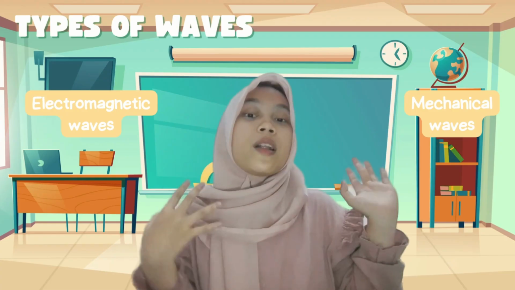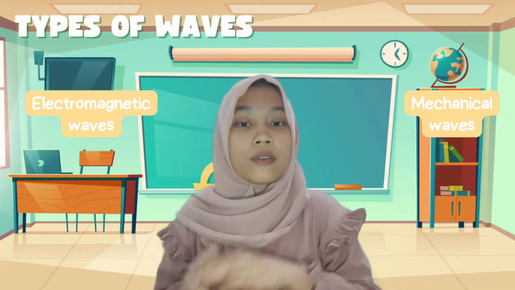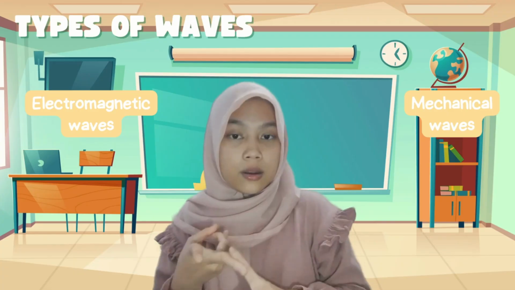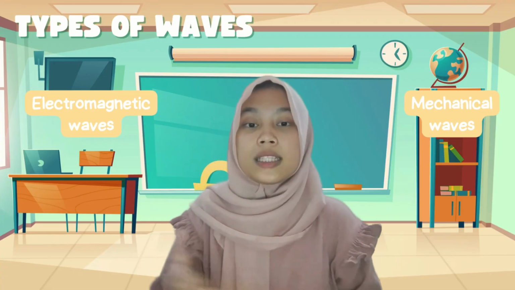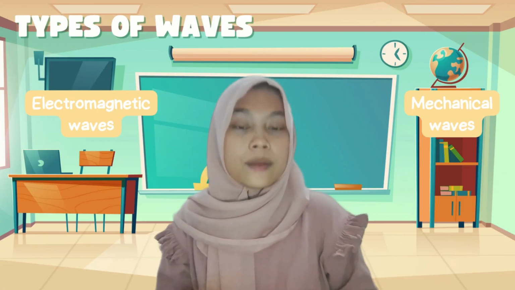On the other hand, a mechanical wave is a wave that needs a medium and can travel through air, water, and the earth. Examples are sound wave, water wave, and seismic wave.